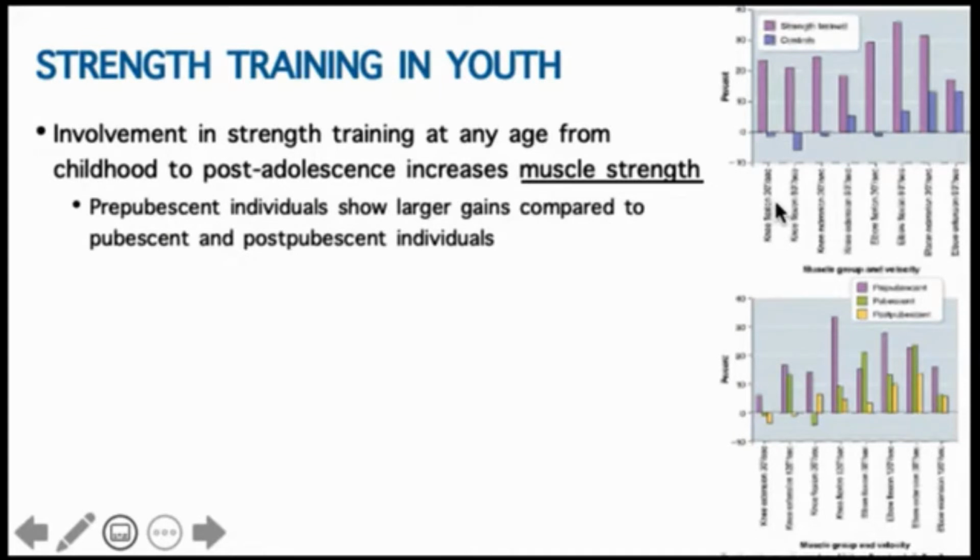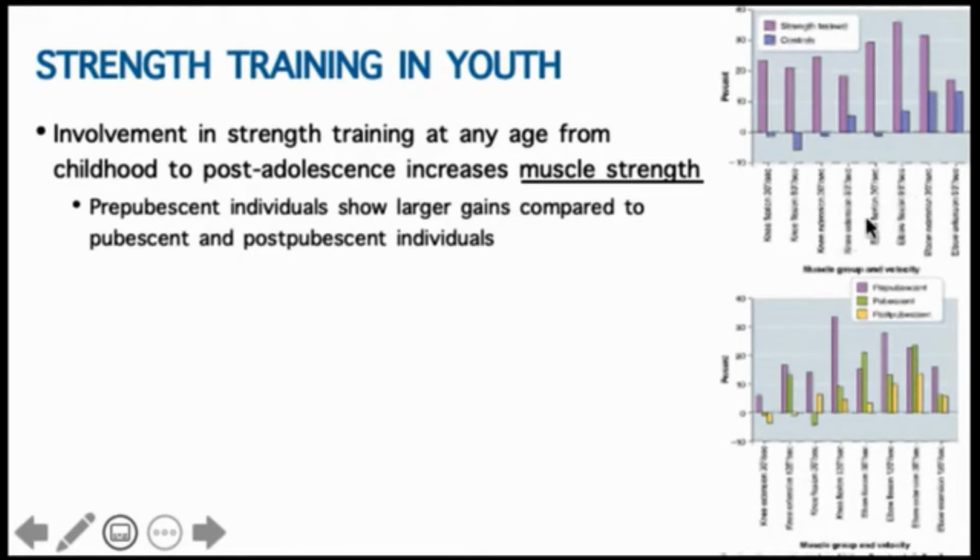We have different individuals that were hooked up to a dynamometer, and these are looking at knee flexion, knee extension, elbow flexion, and elbow extension at different speeds. So some of you might be able to see 30 degrees per second in here, 90 degrees per second, that type of thing.